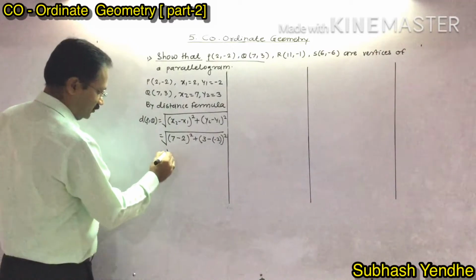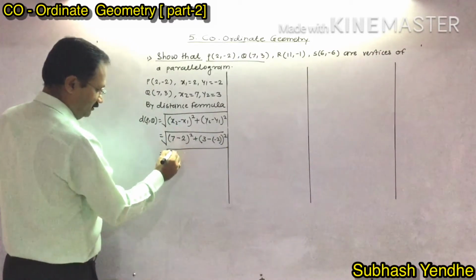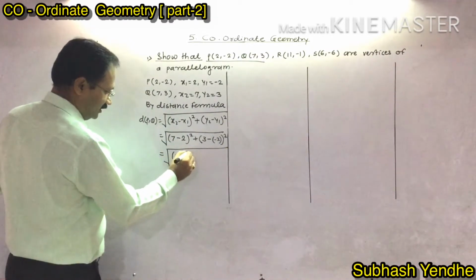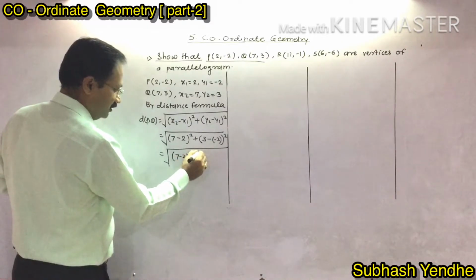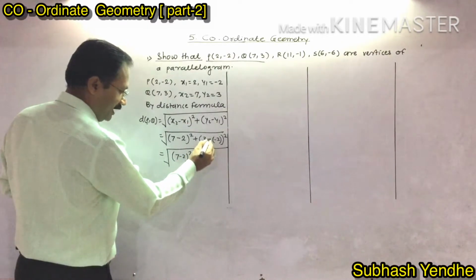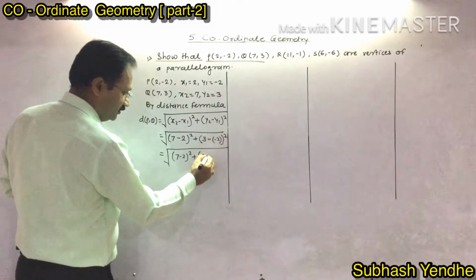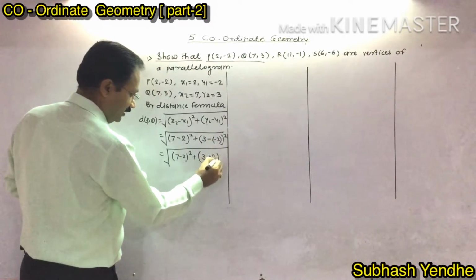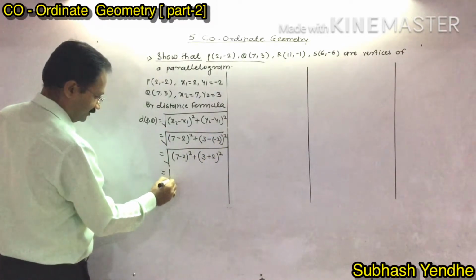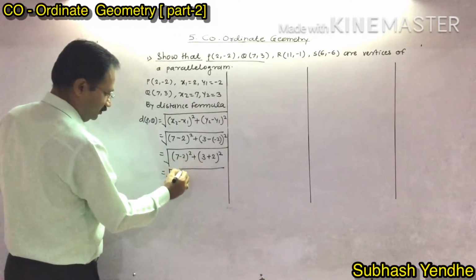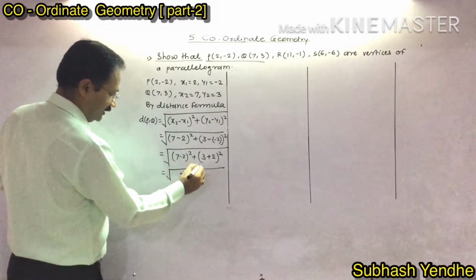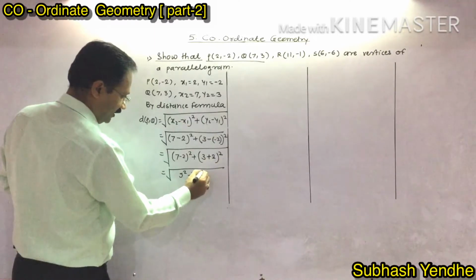So 7 minus 2, plus. I told you that if the minus sign is outside the bracket, then you have to change the sign inside. So it should be 2. Then 7 minus 2 is 5 square. Then 3 plus 2, 5 square.